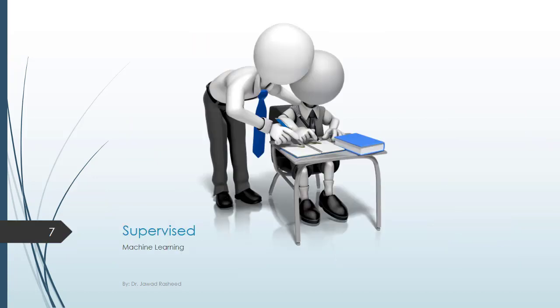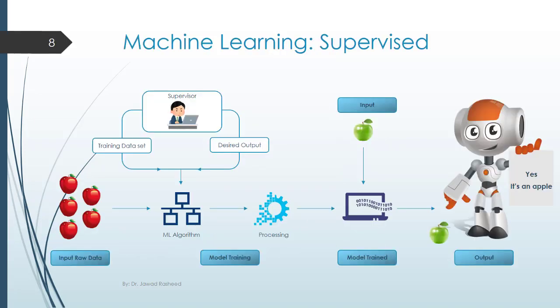What you can see here in this slide is a teacher telling the student, if you are making a mistake, hold on, you made a mistake here, please correct it. So the teacher is supervising it. That's why it is called supervised learning, because there is a supervisor.